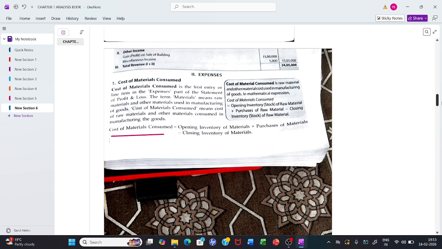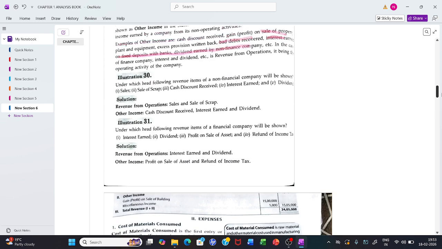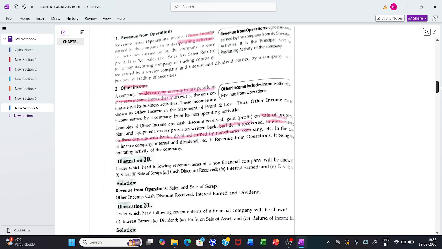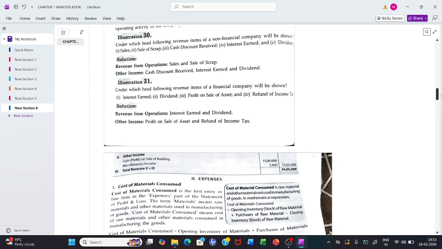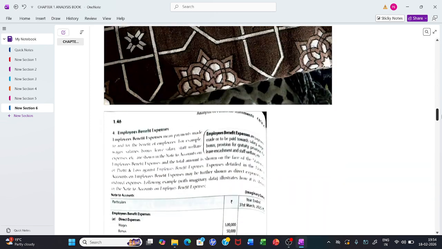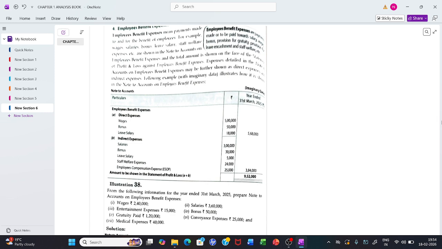Similarly, say you are doing a register making business. In that, material will include the things purchased by you, the paper. If you're doing a paper business, it's a normal inventory. But if you are doing a paper making business, in that it would be a part of your cost of material. Employee benefit basically has your wages, bonus, etc.